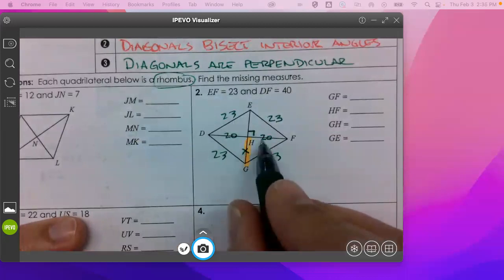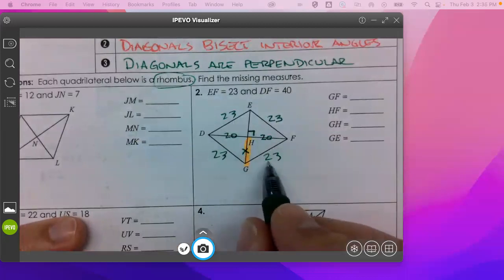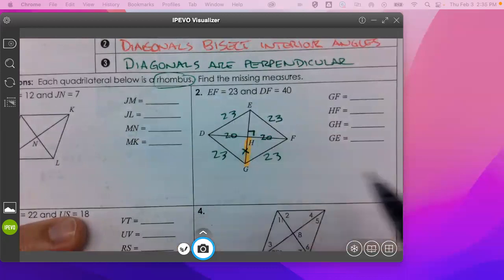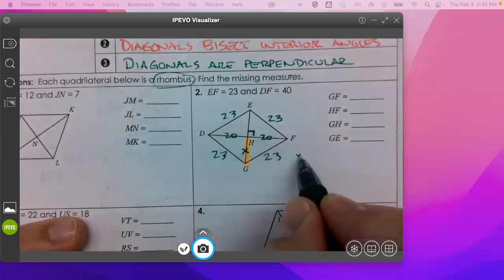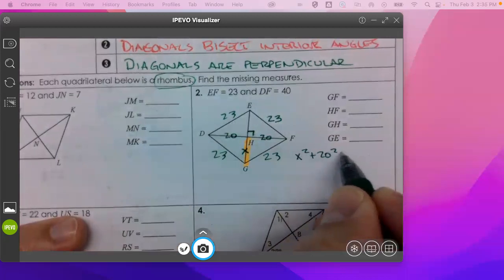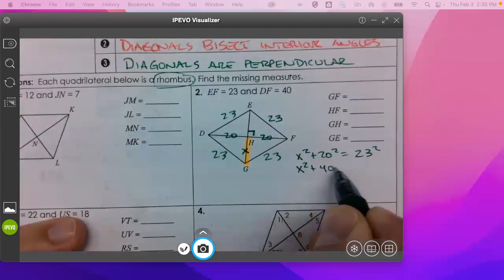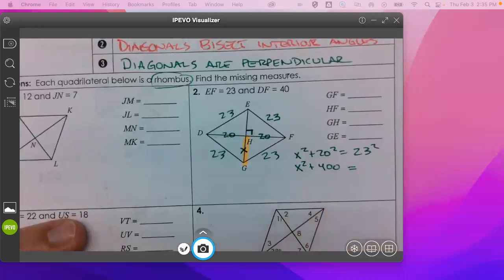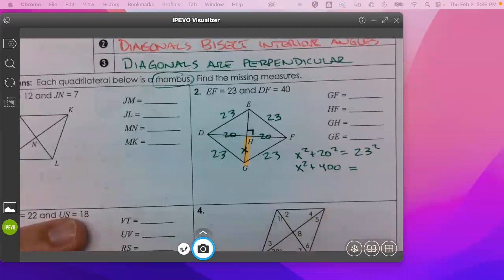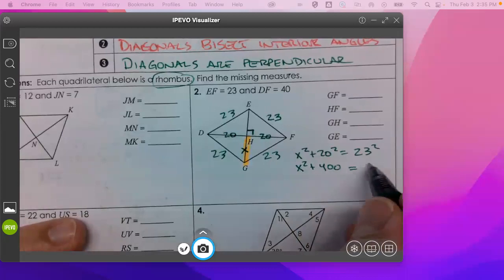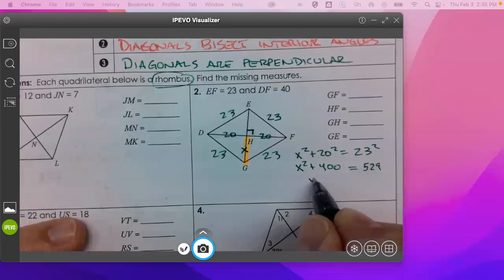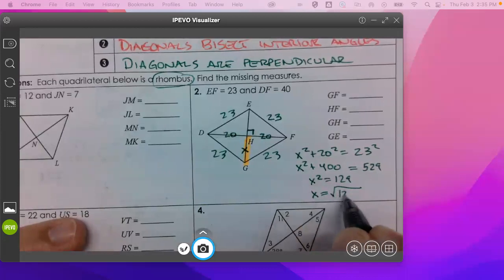Is it x squared plus 20 squared equals 23 squared, or 23 squared plus 20 squared equals x squared, or what? Yes. x squared plus 20 squared equals 23 squared. x squared plus 400 equals 529. x squared is 129, so x is the square root of 129.